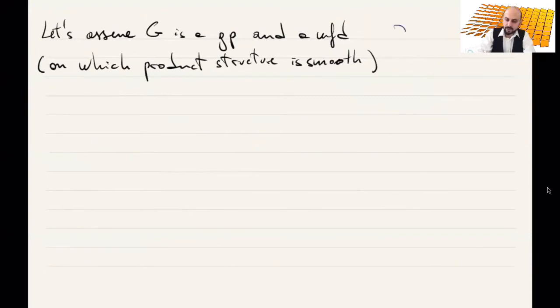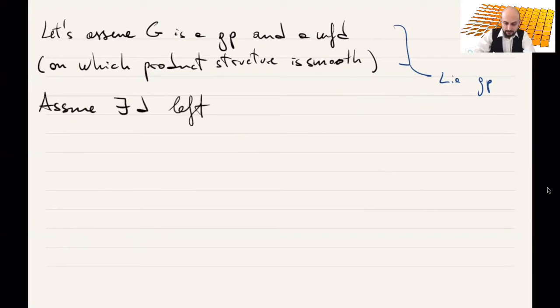This object is called a Lie group. Then let's also assume we are in the presence of a left invariant distance.